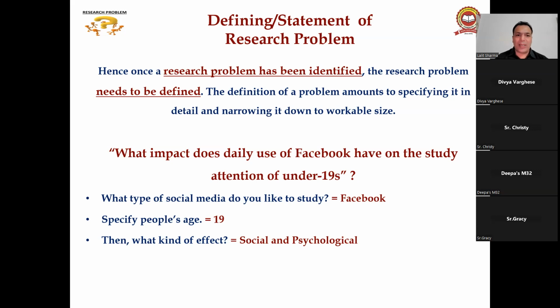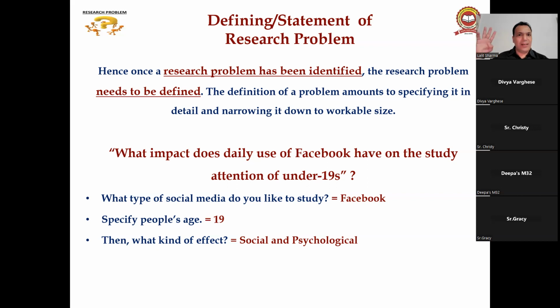For example, what impact does daily use of Facebook have on study attention of under 19s? Here, we have come to know that the social media is Facebook. It means we will talk about Facebook in the whole research. Basically, Facebook is our variable. We are not talking about YouTube, Instagram or Twitter, which are other social media.